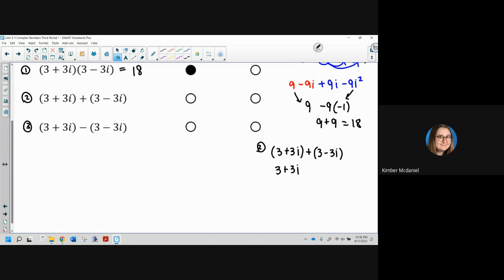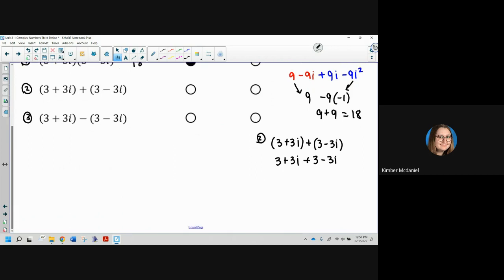Now, we talked about earlier how we have to distribute a negative. Does it make a difference to distribute a positive? No, so we're going to drop them. Combine like terms. We have 3 plus 3, which is 6. 3i minus 3i cancels. So this is equivalent to 6. That again is real.